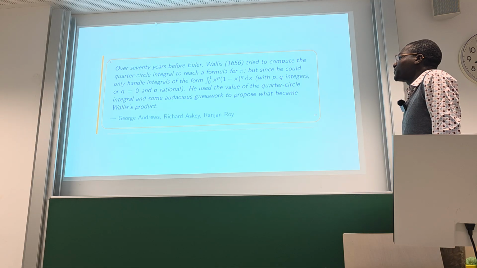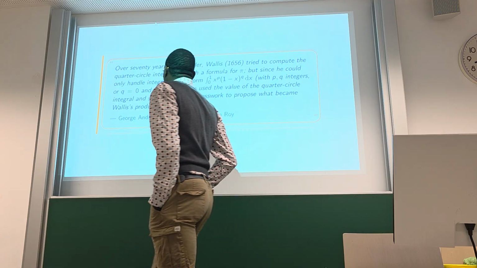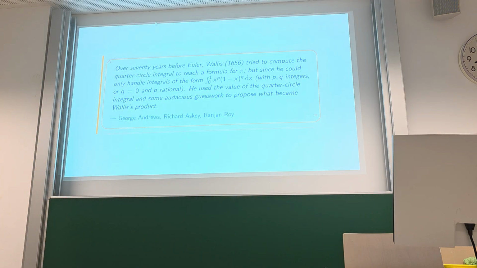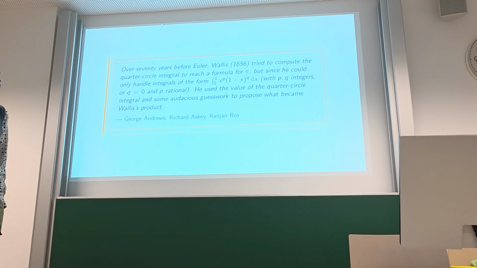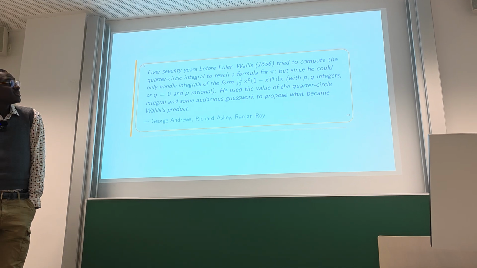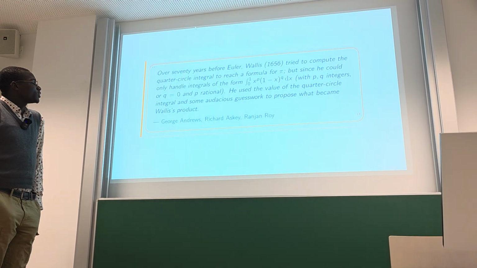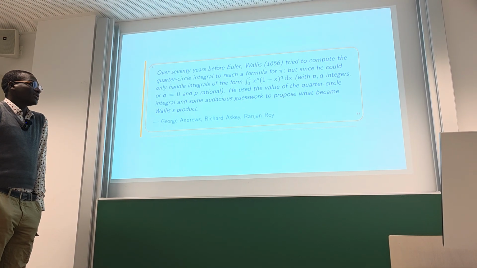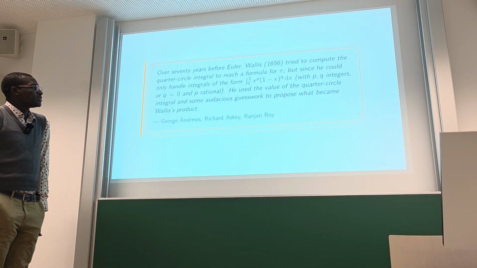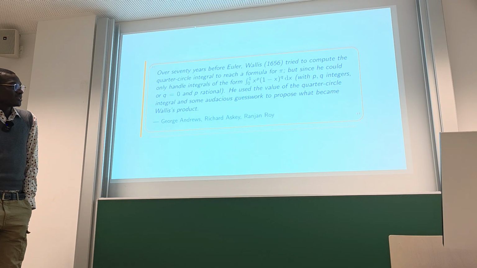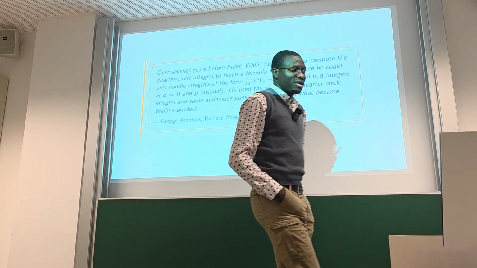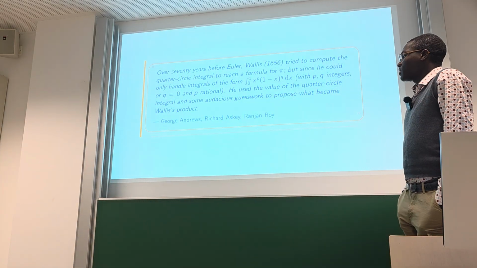Here we have a quote from George Andrews, Richard Askey, and Ranjan Roy, which says, over 70 years before Euler, Wallis in 1656 tried to compute the quarter circle integral to reach a formula for pi. But since he could only undo integrals of this form, which are very elementary forms, he used the value of the quarter circle integral and some audacious guesswork to propose what became Wallis's product. This is a quote from three famous experts in special functions.